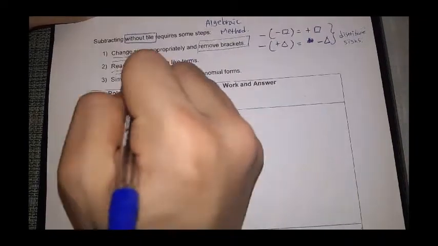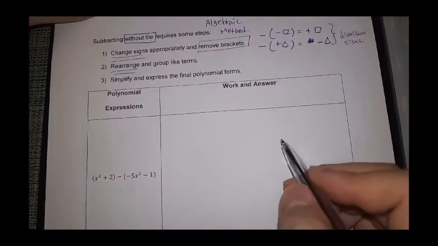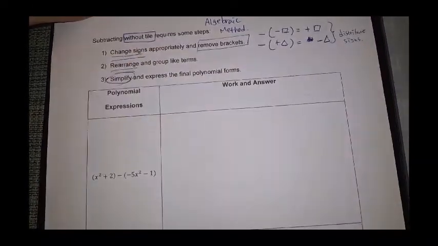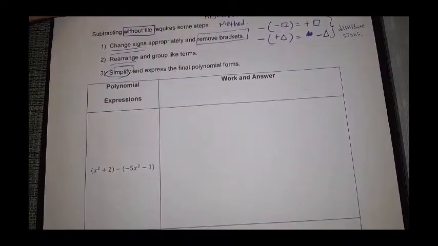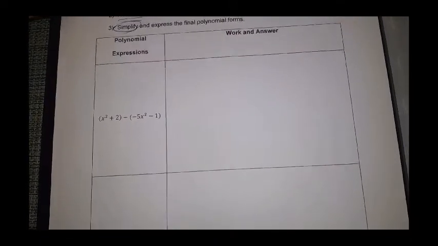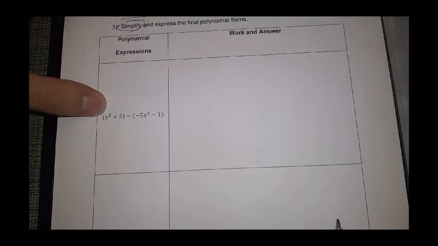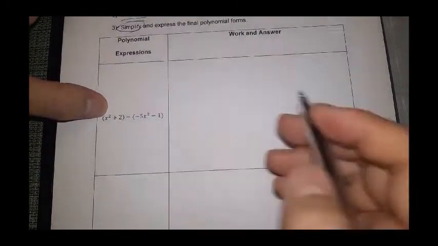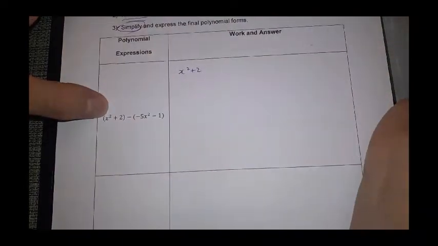Then we are going to rearrange any of the groups with the like terms. Then we are going to do simplification like what I have been mentioning. So let's go through this. I want you to understand that x squared plus 2, it's normal. Write that down.